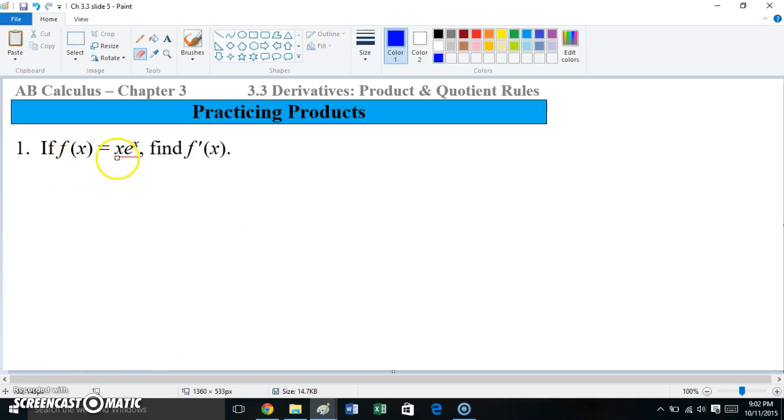So here we have f of x equals x times e to the x. All right, so I'm going to think of our function as the product of two functions, x and e to the x. All right, what is the derivative of x with respect to x? It is 1. What's the derivative of e to the x with respect to x?